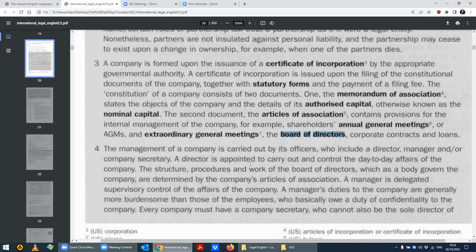Now, what have we got here? In general, you will find on the board of directors, it's usual to nominate one director as the chief director, called the managing director, or the chief executive, or the chief executive officer, or the chief operating officer. Basically, the title doesn't mean anything.